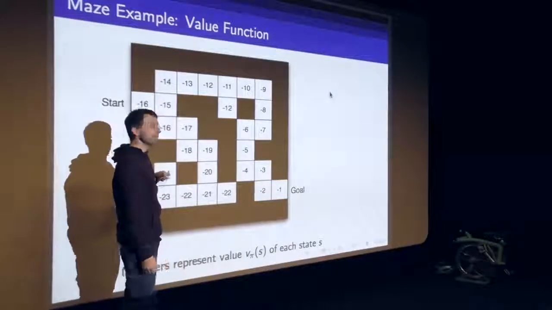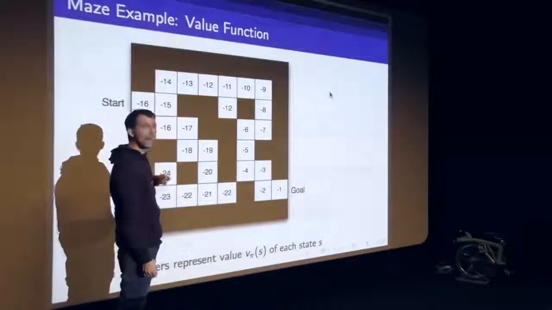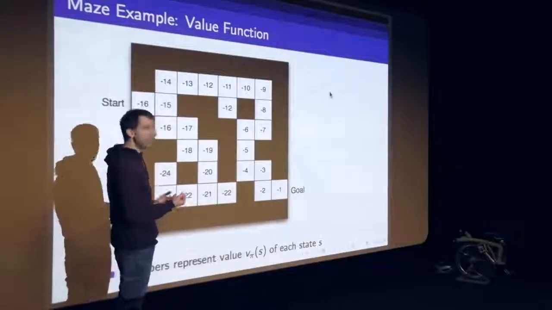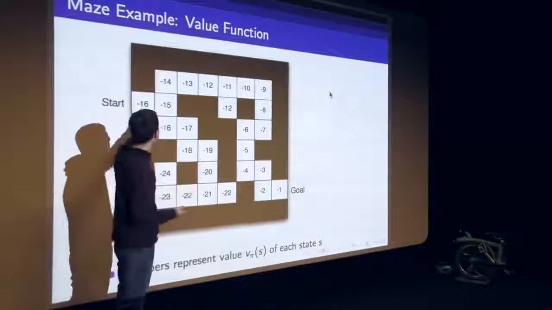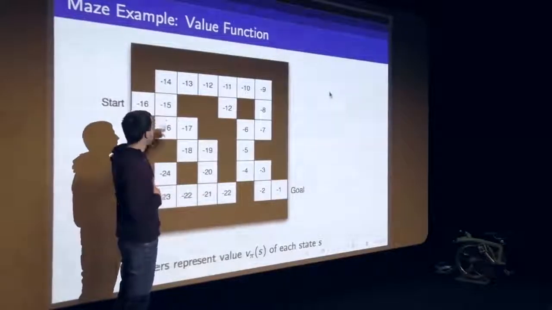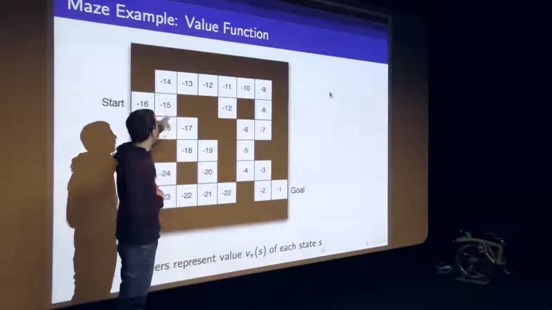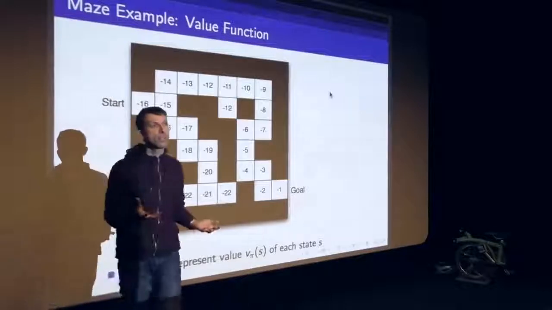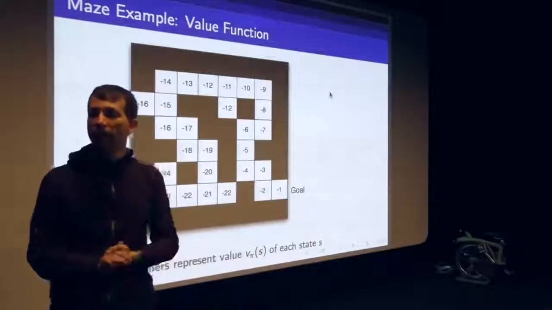We can have worse values. If we're stuck over here and we've gone the wrong way, we might have a value of -24. Now we have these values, it's very easy to build an optimal policy because, for example, when we get here, we can just look up the value of going north compared to the value of going south, and it's very clear that the value of going north is greater than the value of going south, and so this gives us a basis for optimal behavior.